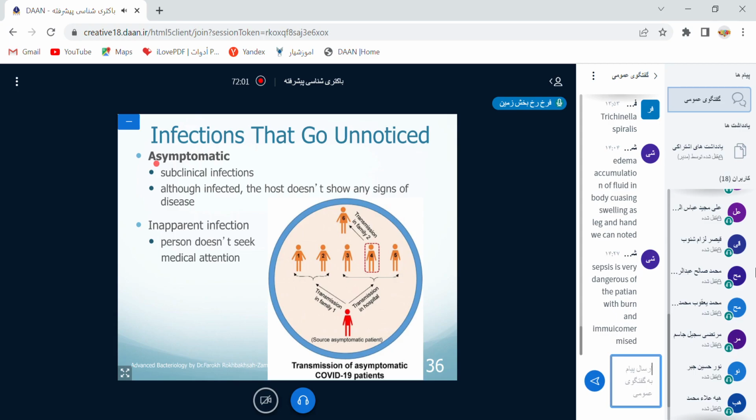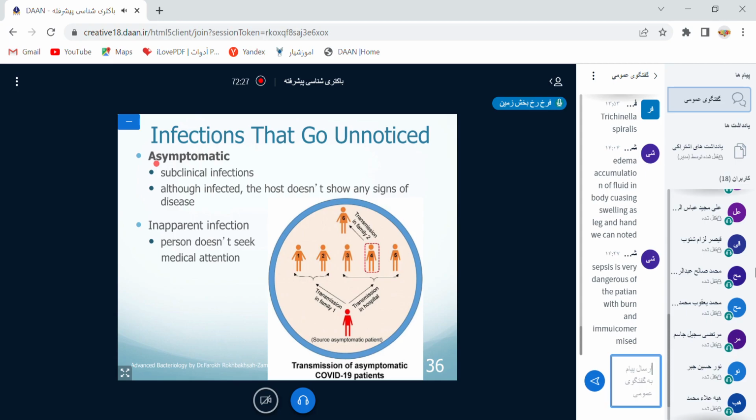Why? Because when one person has symptoms like pain, he goes to the physician and goes through the therapy, and accordingly tries not to infect the family, not to infect the people.